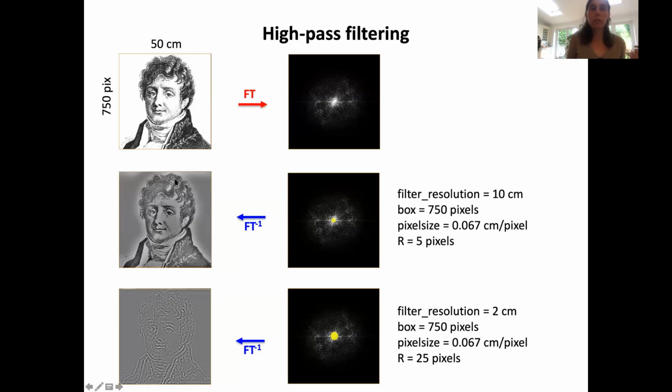You can see here, for example, that you have the black coat and the white shirt, and that kind of information would be carried by a very slow wave, right? Because you have a peak and then it's going to be going negative here. So that's almost as big as the box size, so that would be represented very, very close to the center. And when I eliminate that, I lose the black and white pattern between the coat and the shirt.